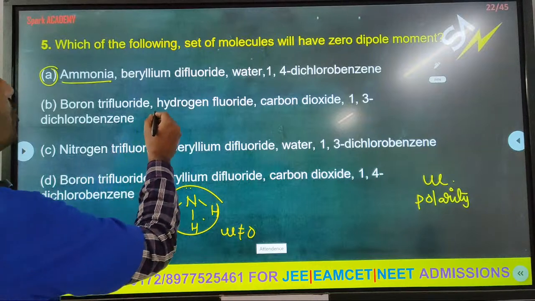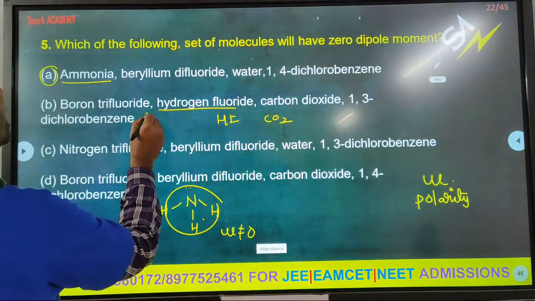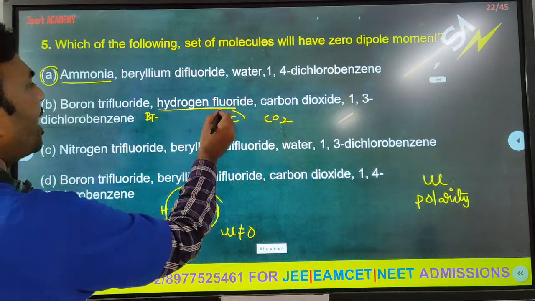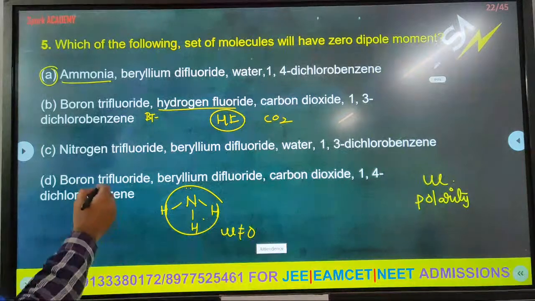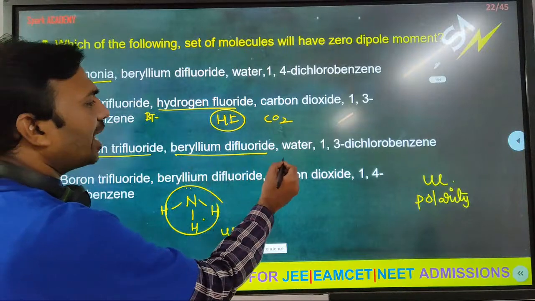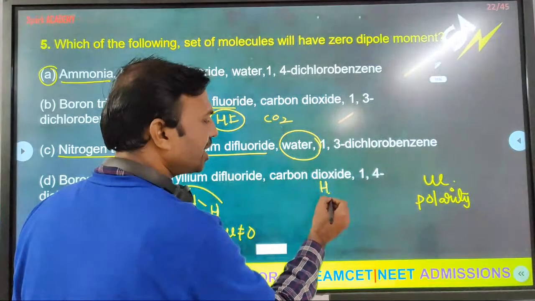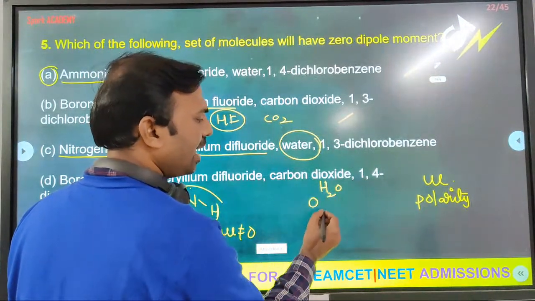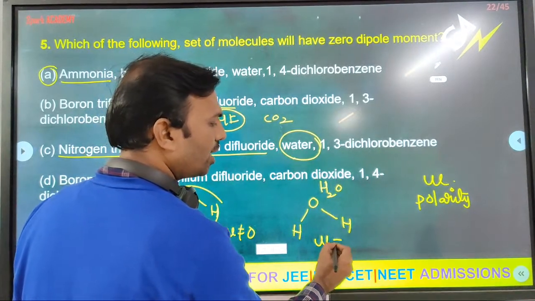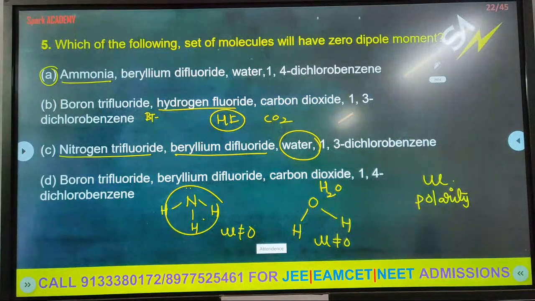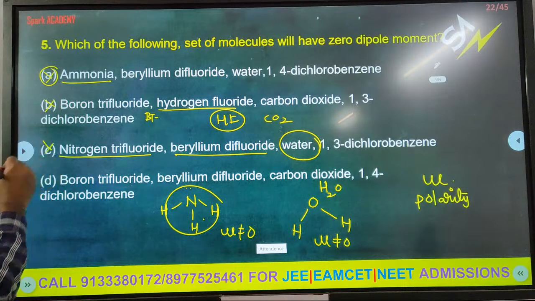Come to HF, carbon dioxide, and boron trifluoride. HF has a dipole moment due to the electronegativity difference. Nitrogen trifluoride, beryllium difluoride, and water again have a dipole moment, because the water formula is H2O, the central atom is oxygen with 2 hydrogens, and mu is not equal to 0. Then option A is wrong, B is also wrong, C is also wrong.